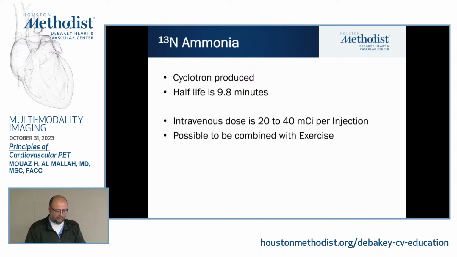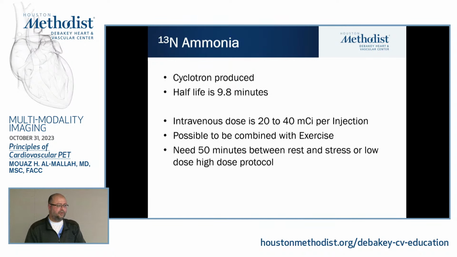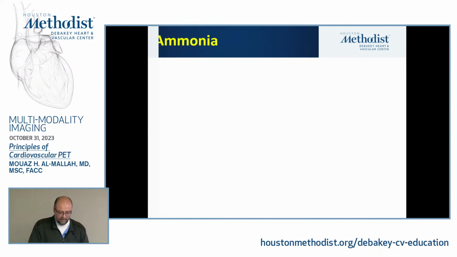So it's possible to combine it with exercise, but if you're using an older system and the older protocols, you need to wait 15 minutes between rest and stress. So if you have an obese patient, you cannot do them at the same time on the table. You have to do one scan, take them out, wait 15 minutes, put them back again, and do the second scan. Wait for ammonia to decay.